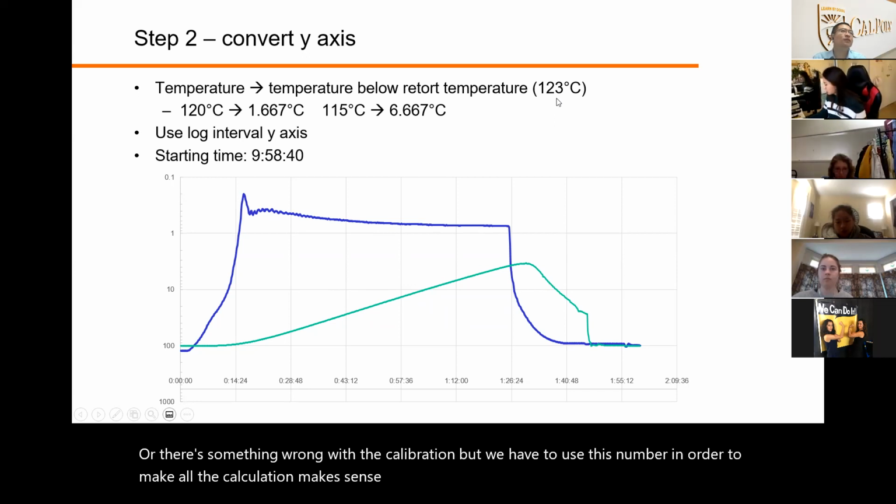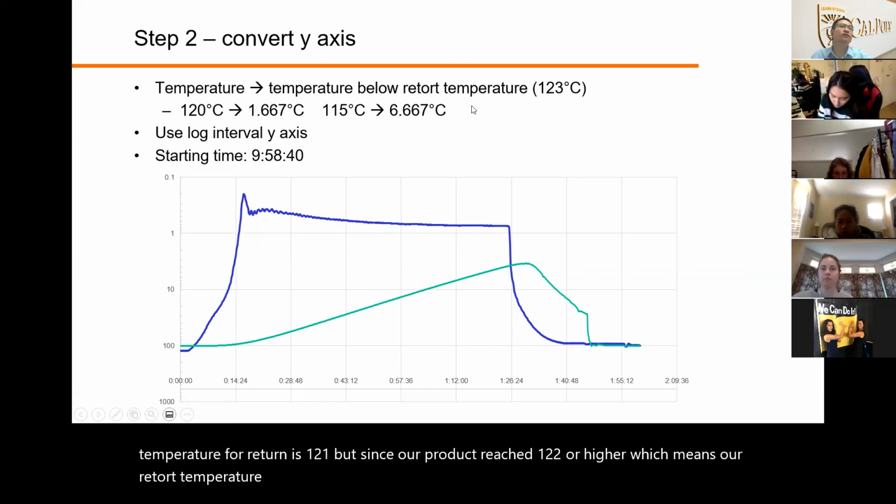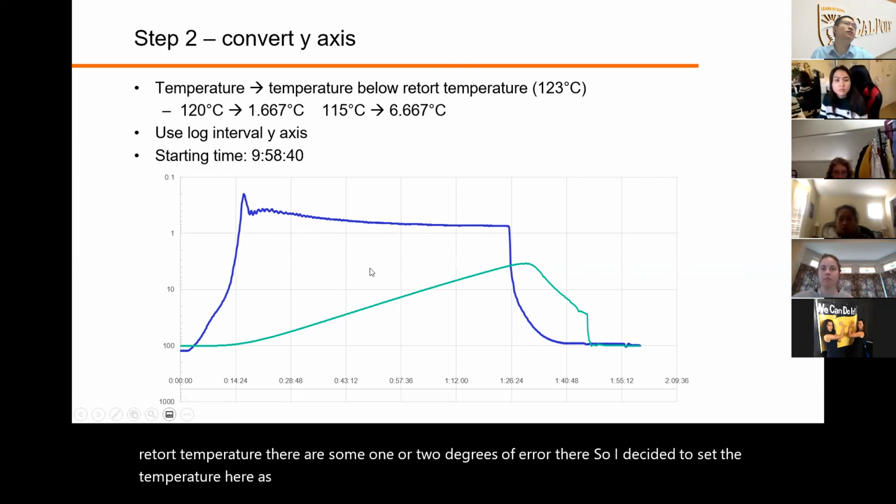Although we know the standard retort temperature is 121, since our product reached 122 or higher, there's some 1 or 2 degrees of error there. So I decided to set the retort temperature here as 123, just as a demo, okay?